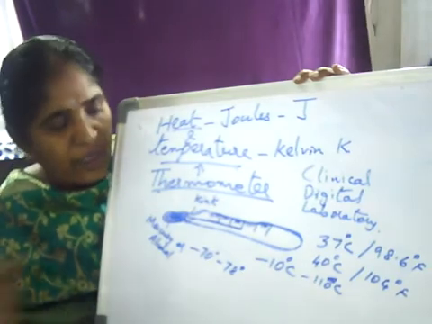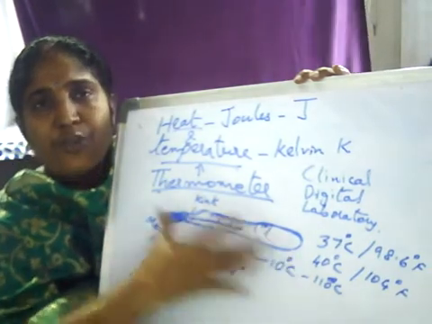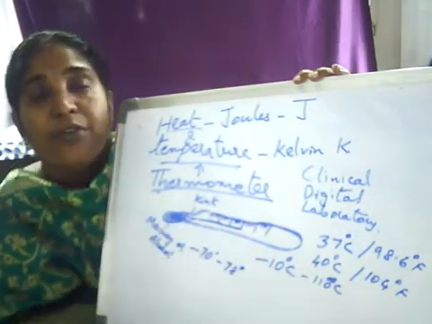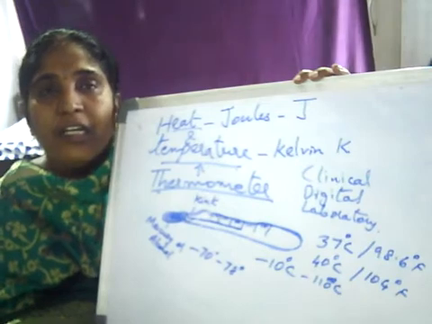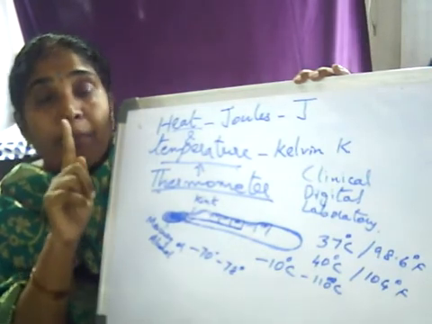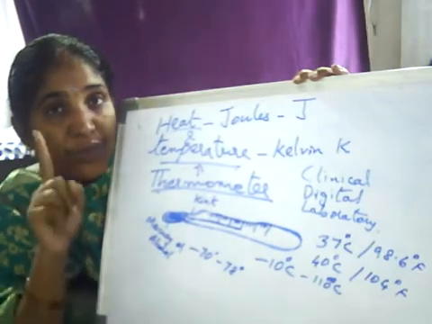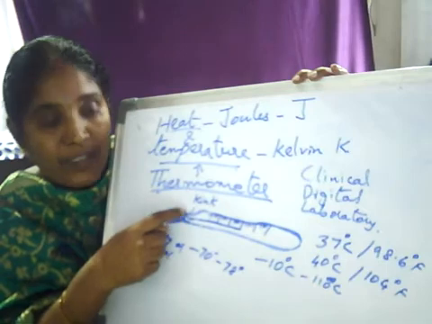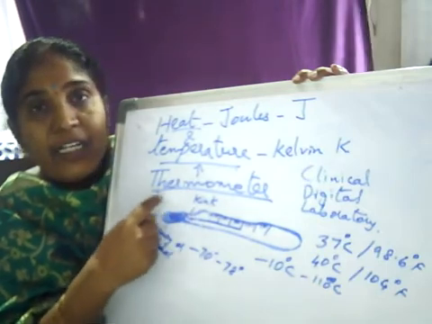That is also similar. It has a bulb and a glass tube, but it is a bit longer than what we see in a clinical thermometer. While taking the measurement of the temperature, especially with a laboratory thermometer, the bulb should be surrounded by the material.